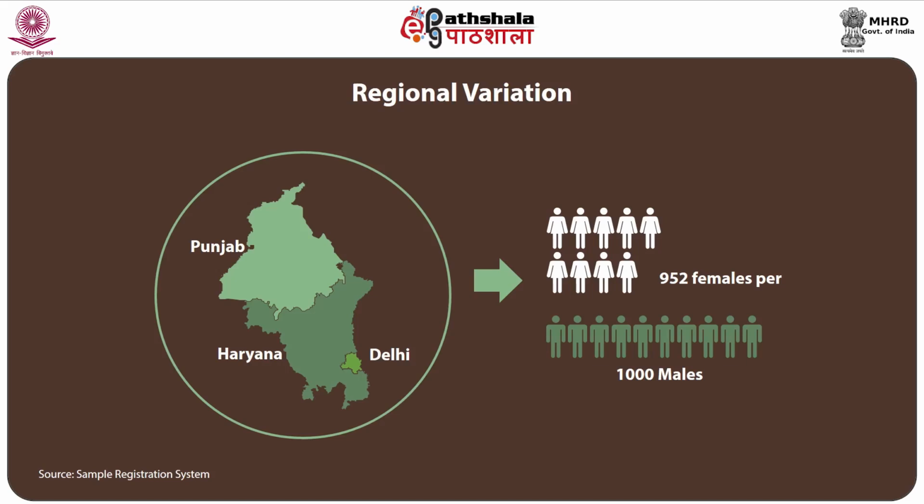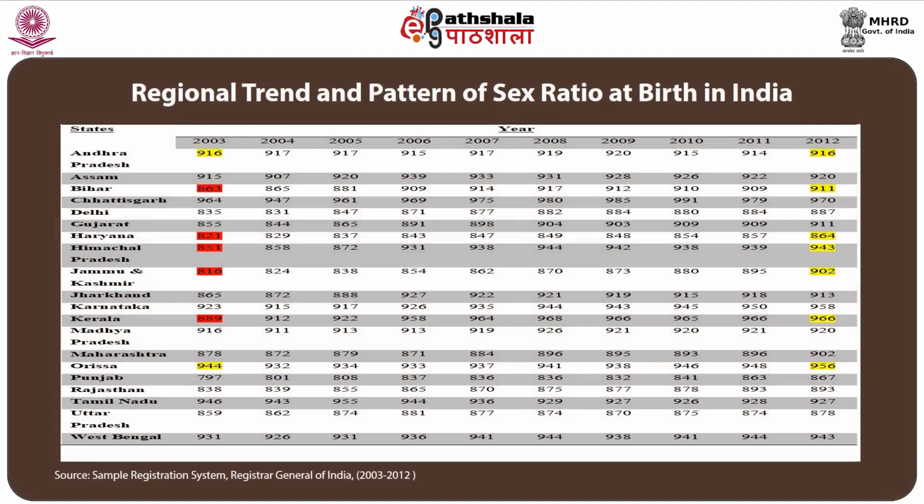So, you would see that the sex ratio at birth has been even much lower than the 900 mark in many of these places. Although in general in India, it has always been lower than the anticipated 952 mark.